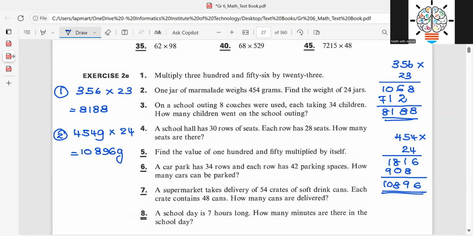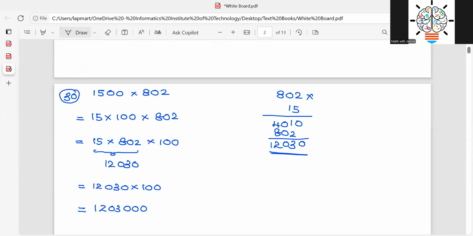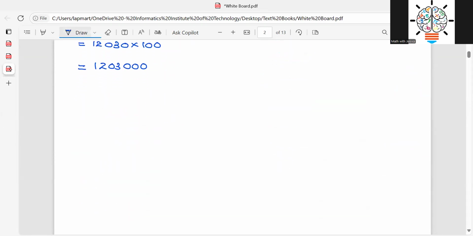And then here, I'll show you how to write the sentences for this, right? We write weight of 1 jar, 454 grams.